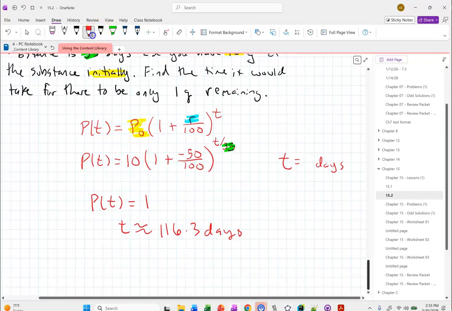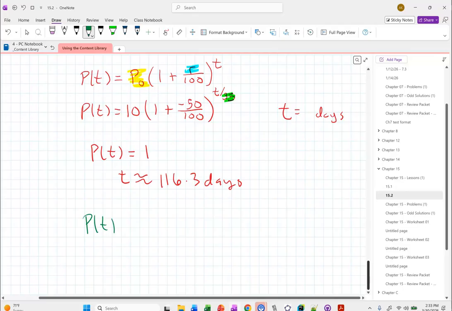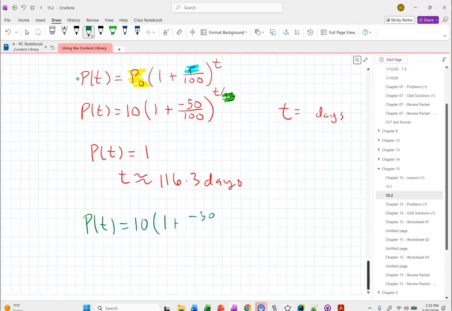Or if you had instead written this as, probably many of you will, write it this way, you would need to know that t is in half-lives.